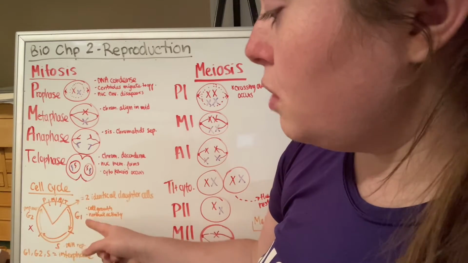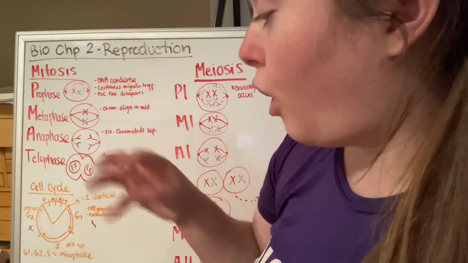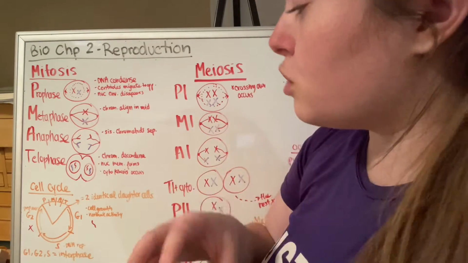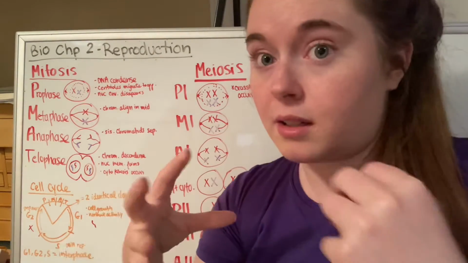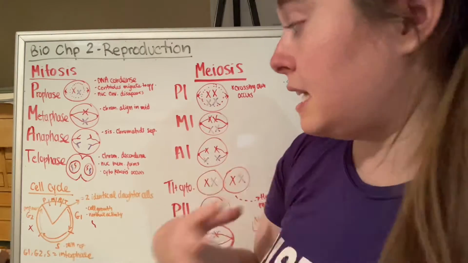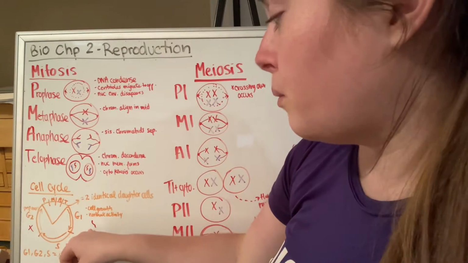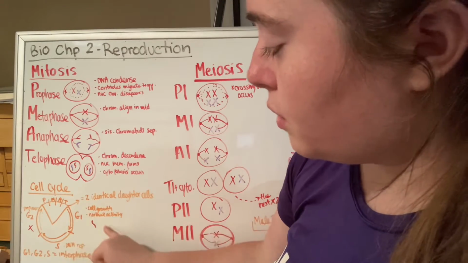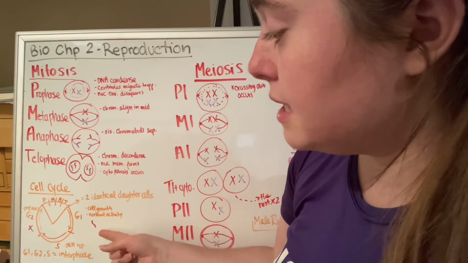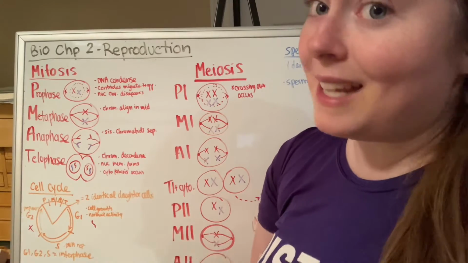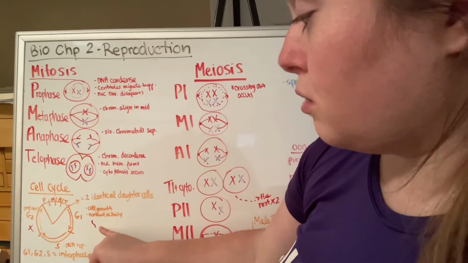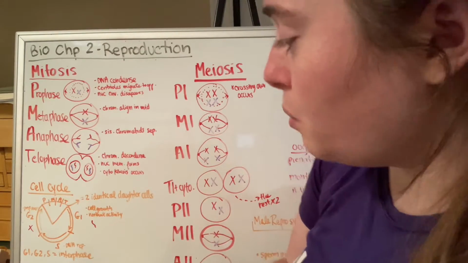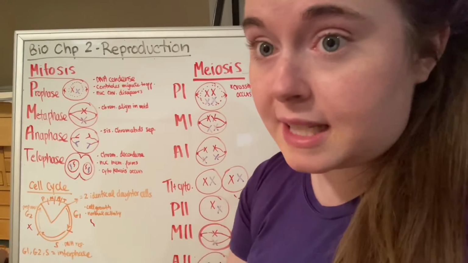G1, S, and G2 are all part of interphase, and the majority of the cell's lifetime is spent in interphase. In G1 you have just 1 chromosome that's not replicated. It does not have a sister chromatid yet. In G1 the cell grows and there's normal cell activity.